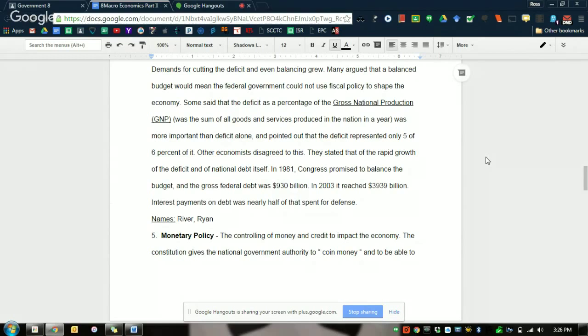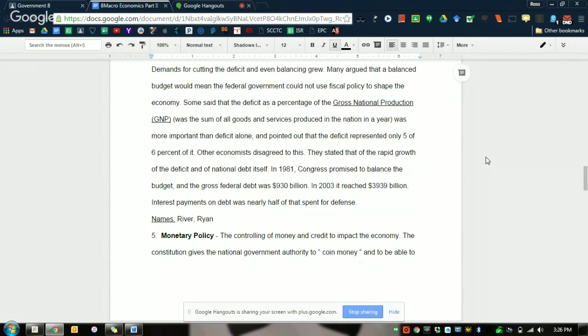When you look at our deficit in comparison to our gross national product, today it's only about 3%. This says 5 to 6%, and that was correct when the textbook was written. It's actually closer to about 3%. Our gross national product is about $20 trillion. I won't waste your time doing the math, but our deficit is about 600 billion.